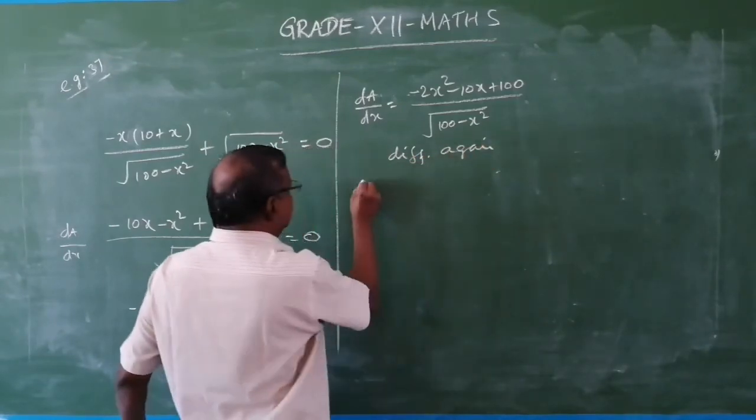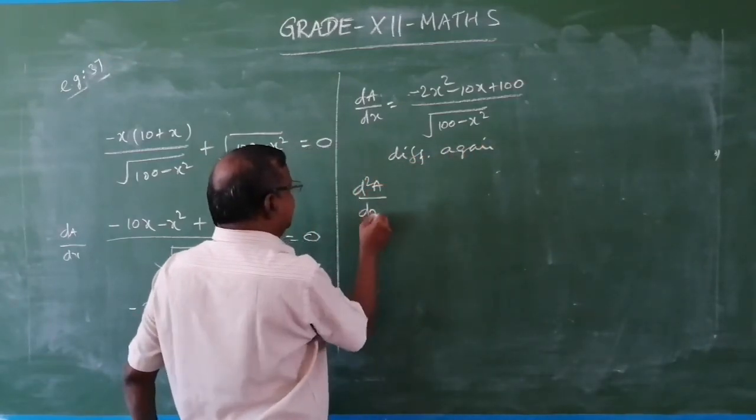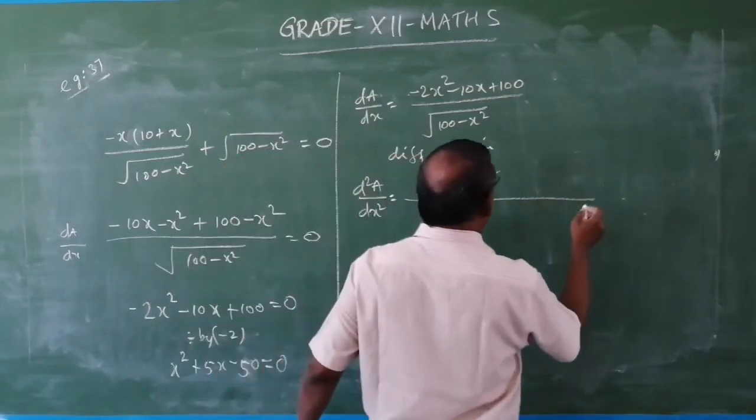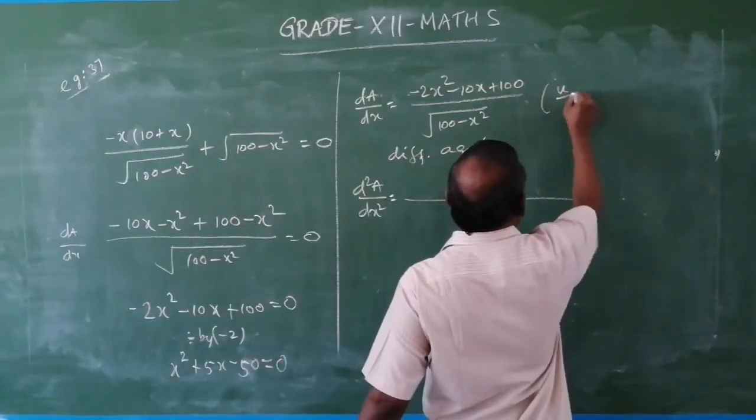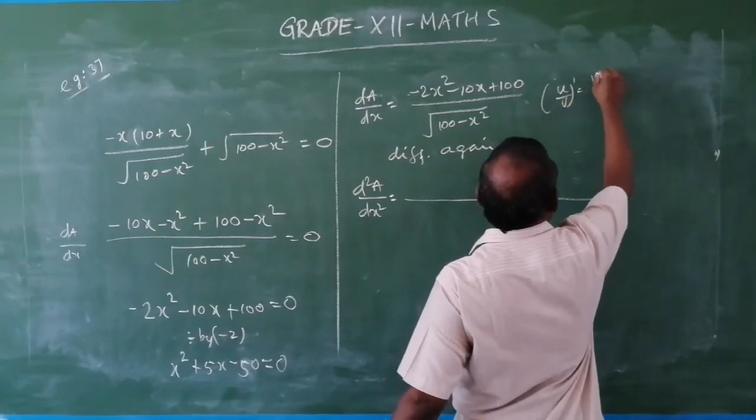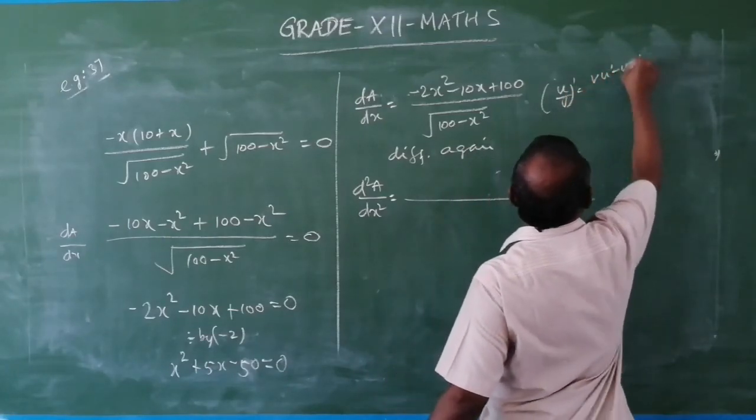we have d square A by dx square equal to, this is in the form of u by v. So (u by v) dash equal to (v u dash minus u v dash) by v square.